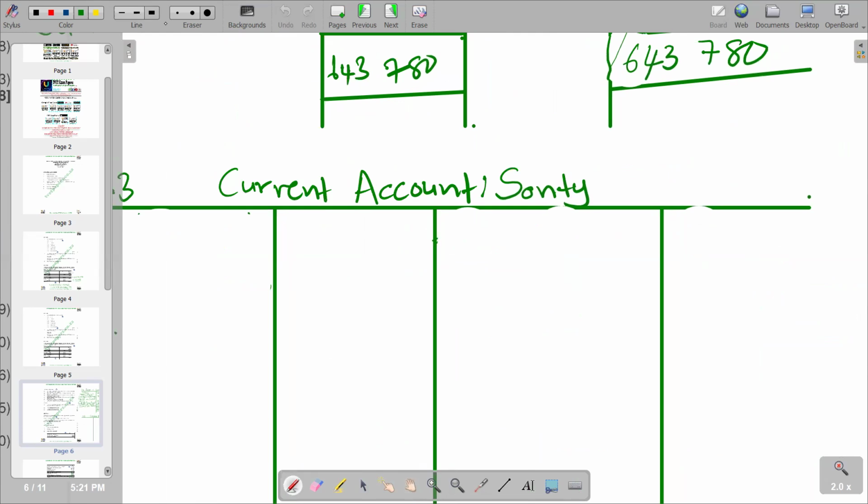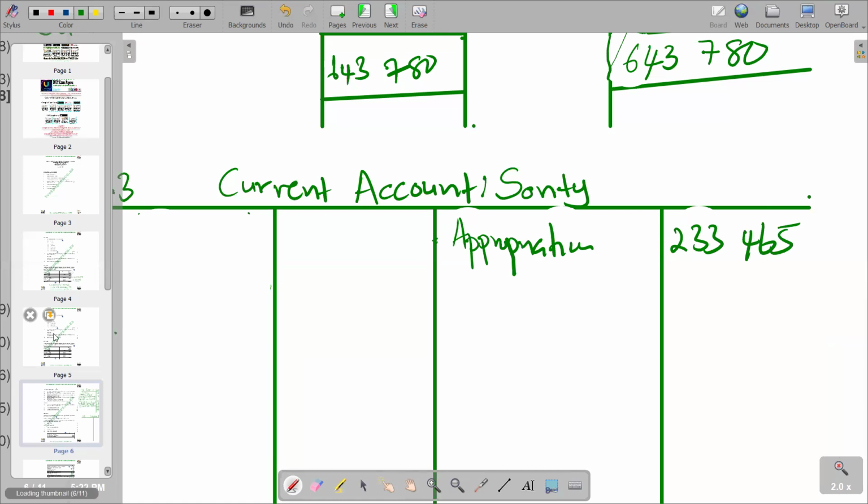We are going to say our appropriation on the credit side, and we've got a figure of 233,465.